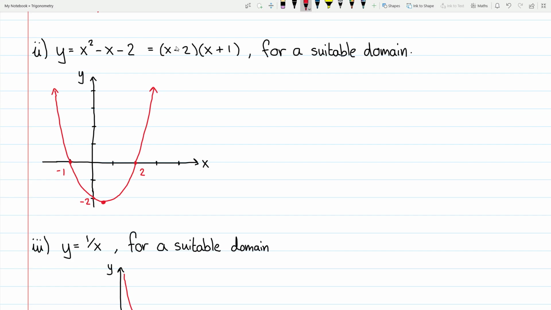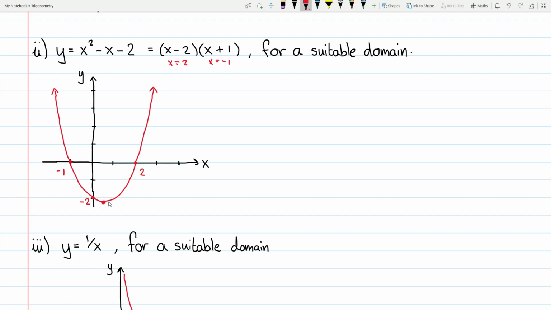I've factored it into a product of linear terms, and so when does this equal 0? So when does the y equal 0, which of course is exactly when you intersect the x-axis. Well, this is going to equal 0 when x equals 2, or when x equals negative 1. And you can see that we've intersected here. And similarly, if you plug in x equals 0, so that's going to be minus 2 times 1, it will give you the y-intercept.